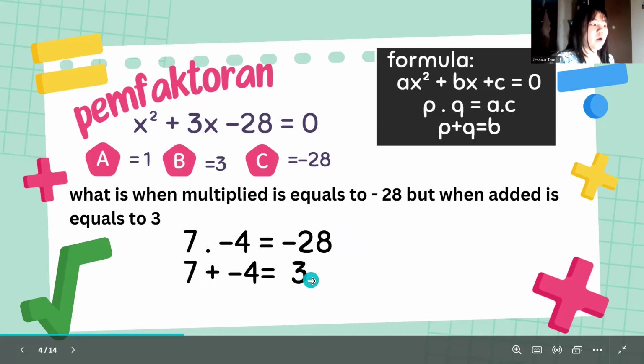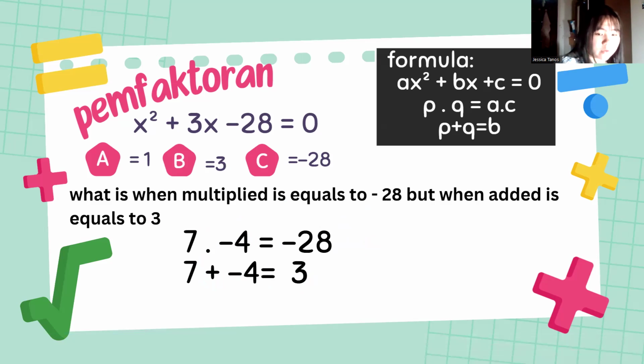When you add them together, it always has to be equal to 3. So 7 plus negative 4 is the same as 7 minus 4. So 7 minus 4 is equal to 3. It can't be the opposite. 7 plus 4 can't work, because the real result would be negative 3. We need to remember the sign is important.